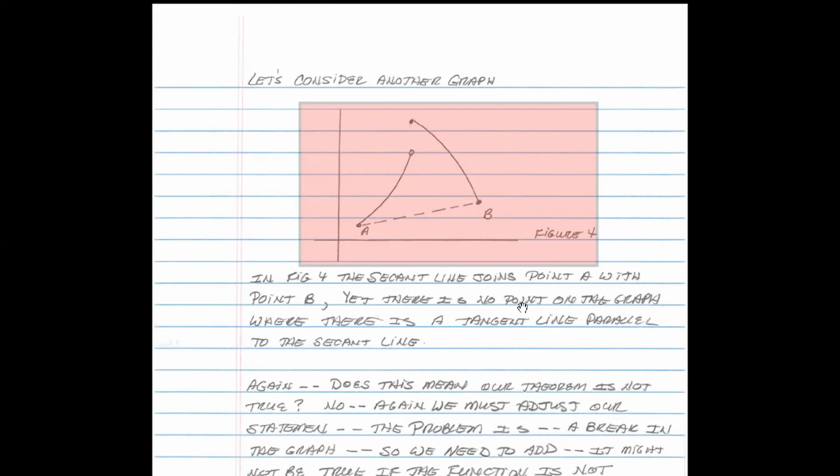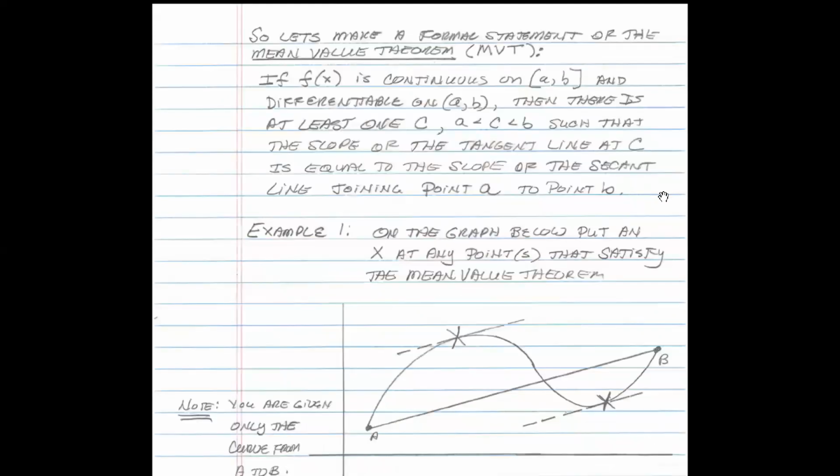So what we're going to do is now, based on what we've seen in these last two figures, one had a sharp point, one had a break, we're going to modify our definition to say if f is continuous, and it means no breaks, and if it's differentiable, that is no sharp points, then we guarantee that there is at least one C where the slope of the tangent line and the slope of the secant line are identical.